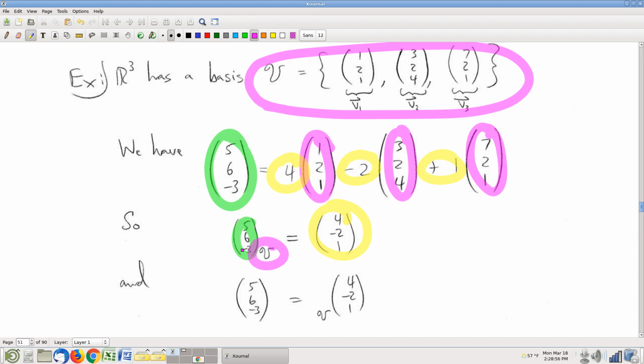Or, same statement, effectively, this vector is the 4, -2, 1 linear combination of those basis vectors. So this is like a kind of passive tense, active tense thing going on here. If you start with a vector and say, hey, with respect to this basis, what are the coordinates? Here they are. On the other hand, if you start with the coordinates, what do these coordinates represent with respect to this basis? Here's the vector. Both of these statements are just saying this.